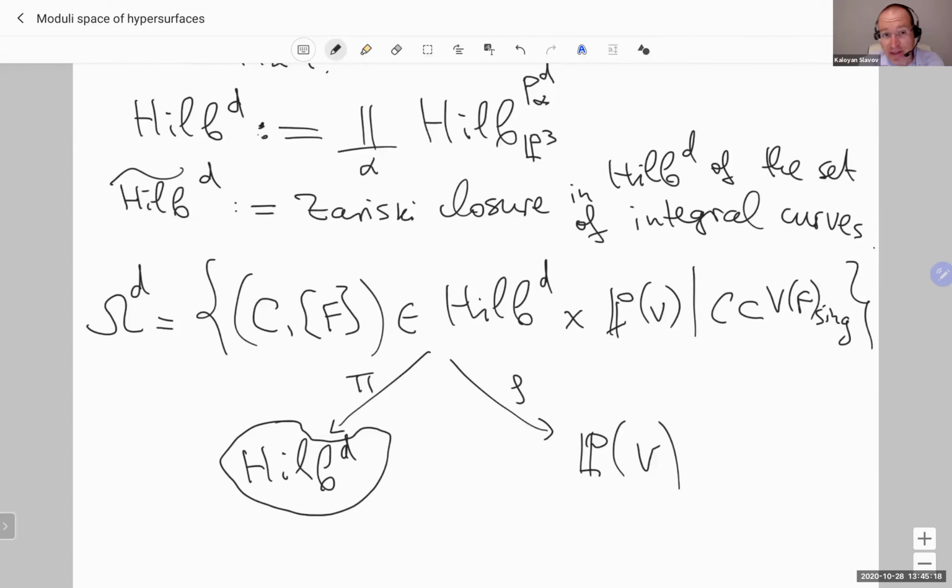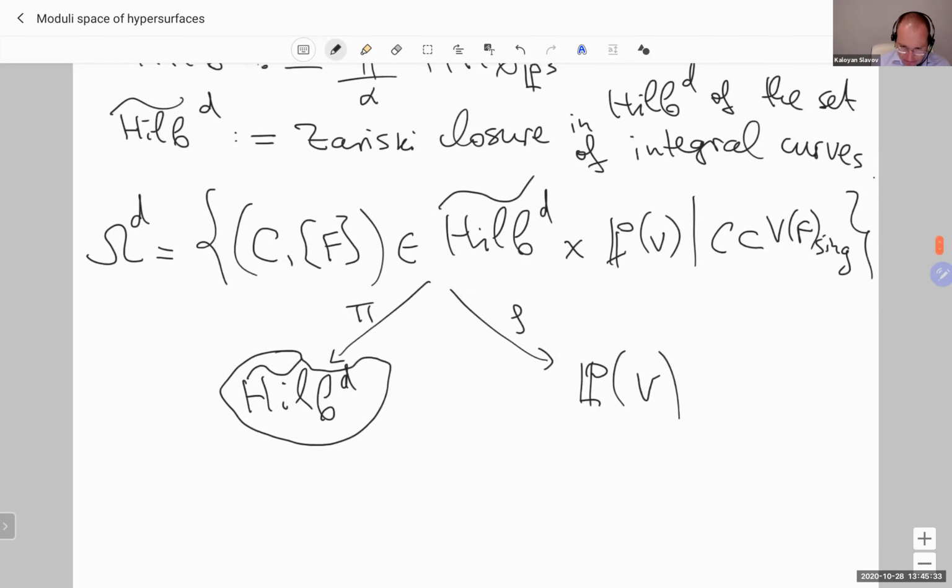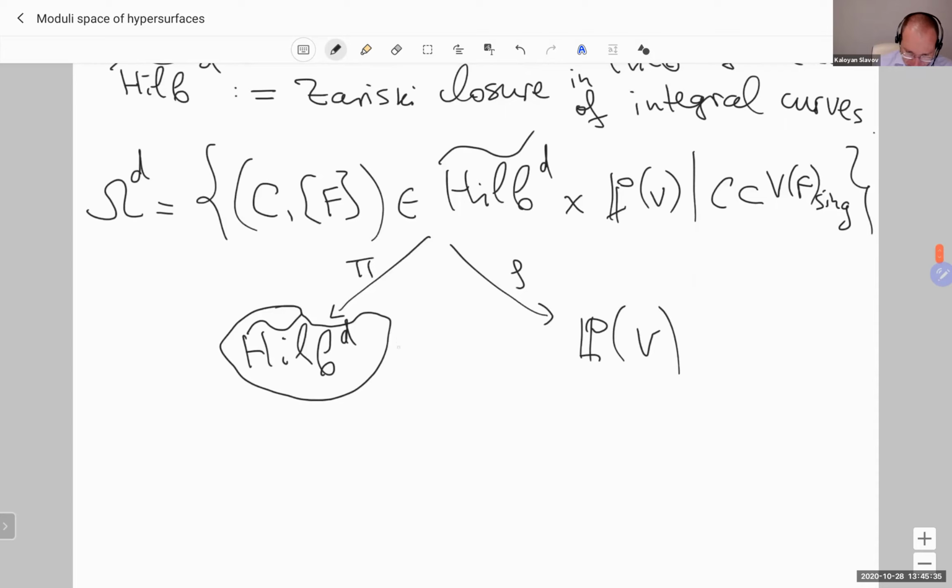I can look at families whose general member is an integral curve, and that dimension is tame, that is controlled. So let's put tildes in our incidence correspondence, and now we can bound this dimension. This has a reasonable, small dimension, at least when D is small.